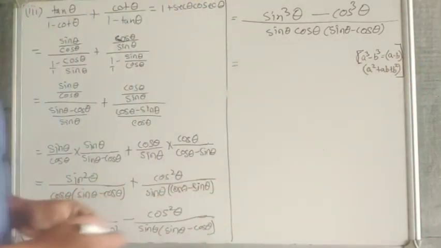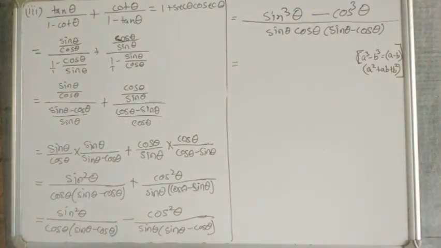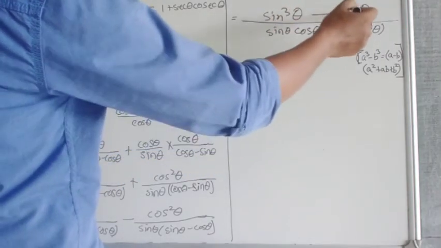Okay, this is your formula. Now here we will use it; this is your a cube, this is your b cube.